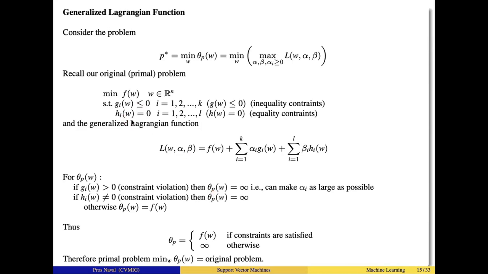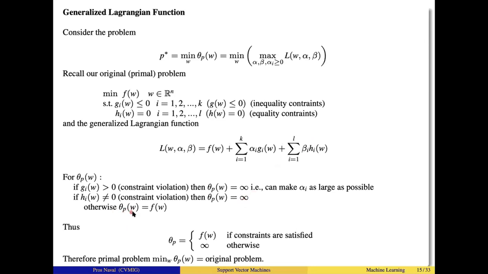Now let's take a look at the other one. If there's also a violation in the case of the equality constraints, meaning h is not equal to 0, it's a constraint violation, then it's easy to see also that this quantity here will blow up, because the betas can assume any negative or positive value, and if this is non-zero, this will just keep on increasing and increasing.